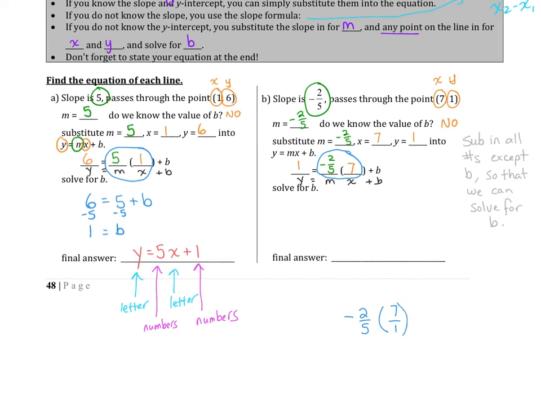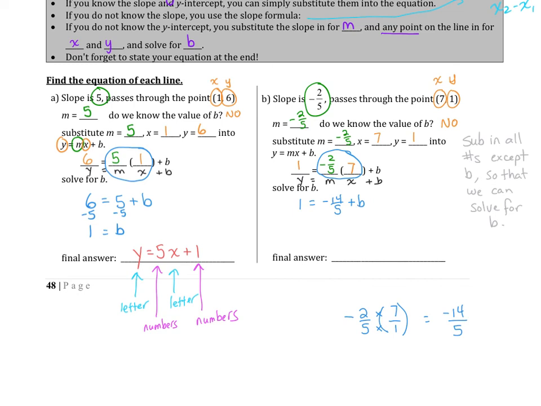And then you would multiply the numerators to give you negative 14, and you would multiply your denominators to give you 5. So that would be 1 equals negative 14 over 5 plus b.